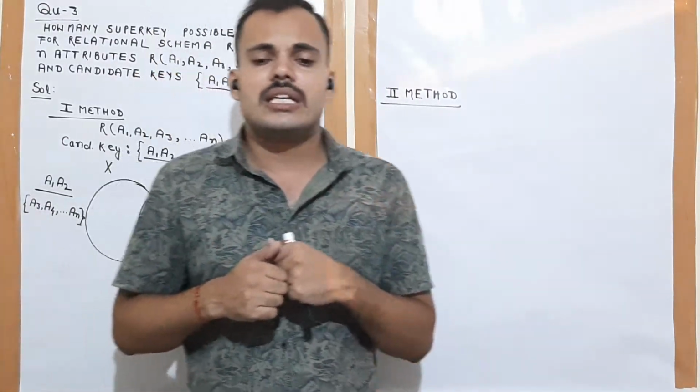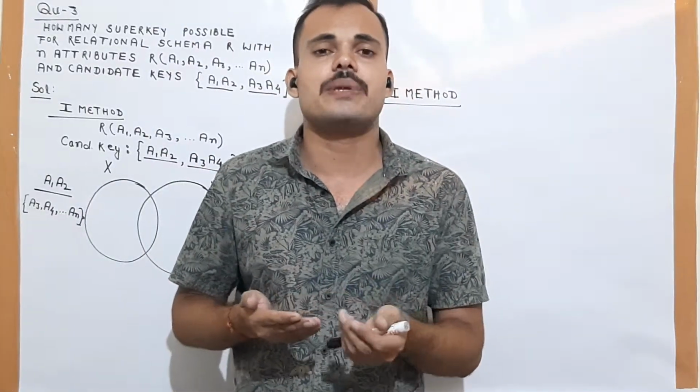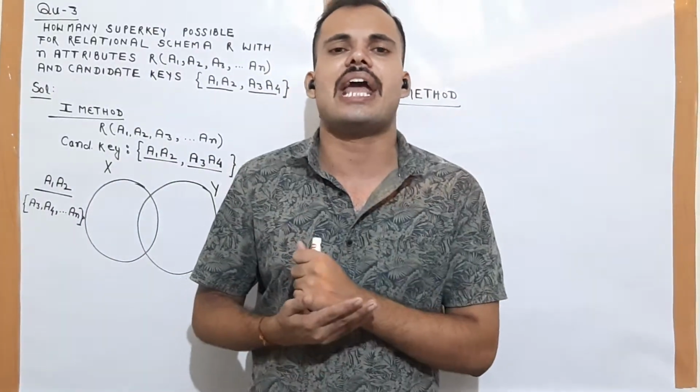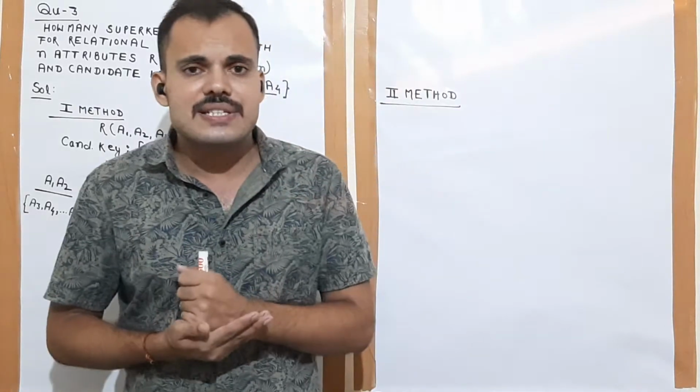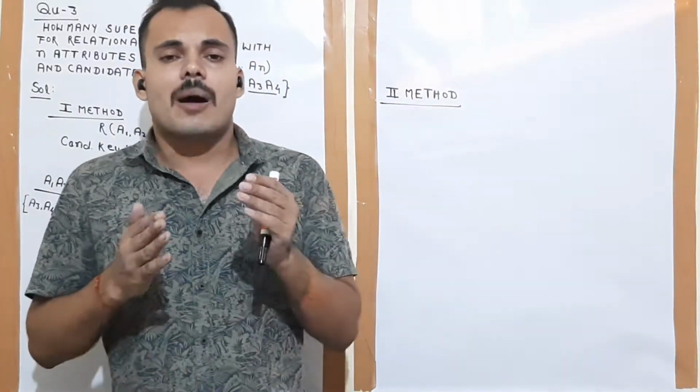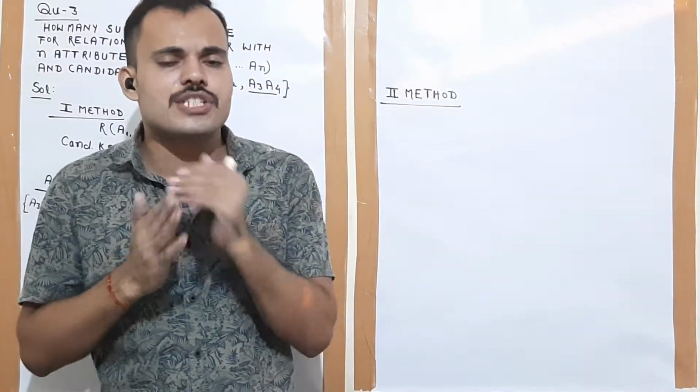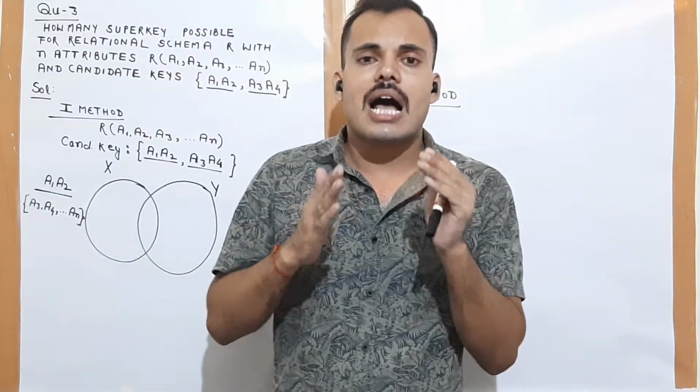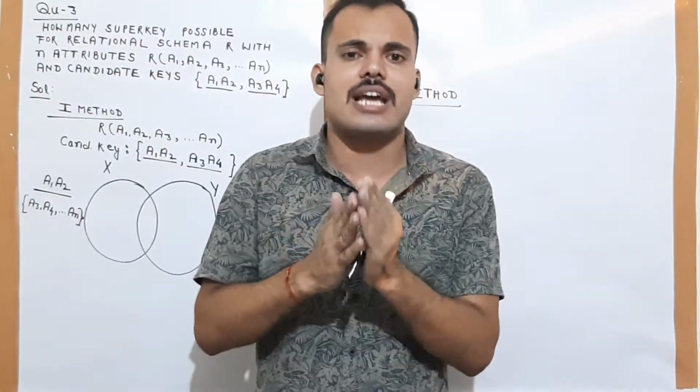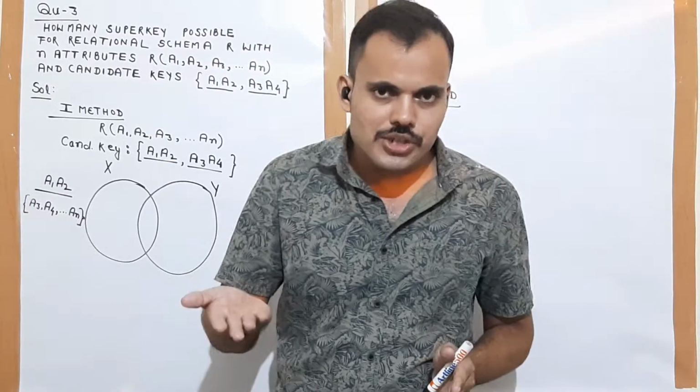Means the number of super keys because of the candidate key A1, A2 is the number of subsets possible on the set containing the other attributes.